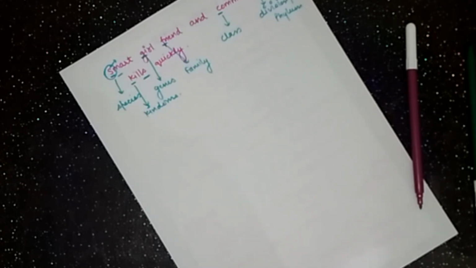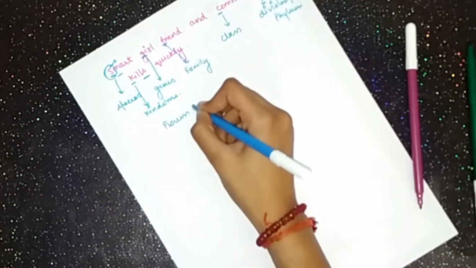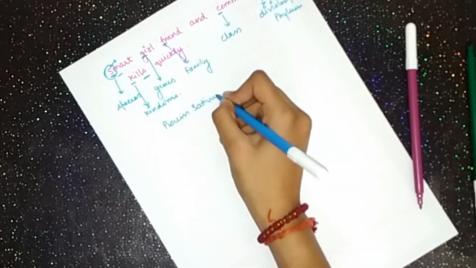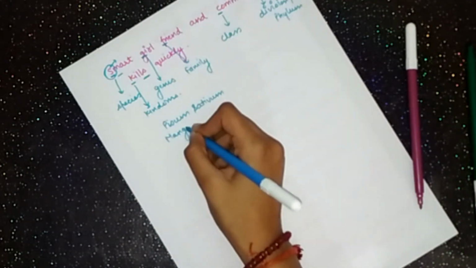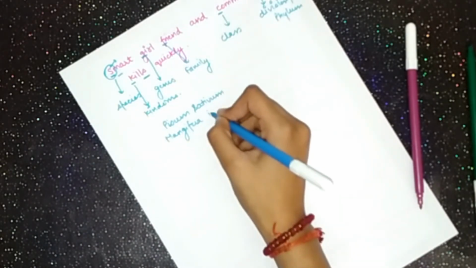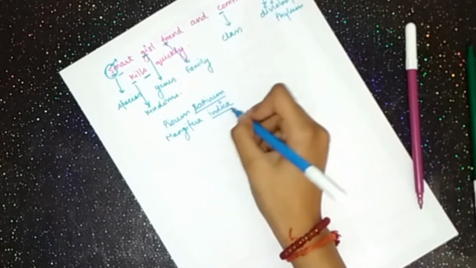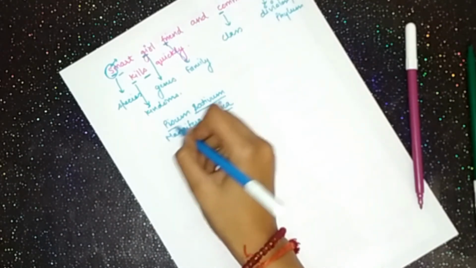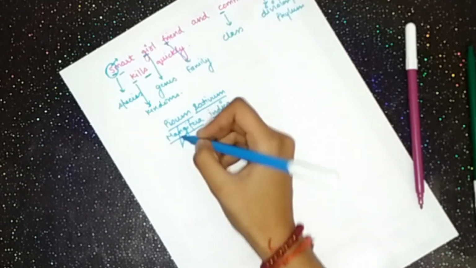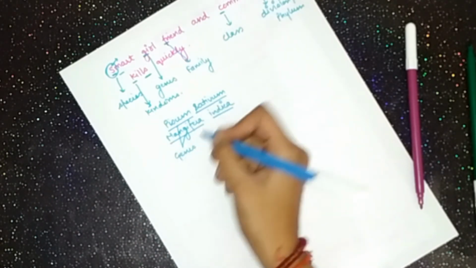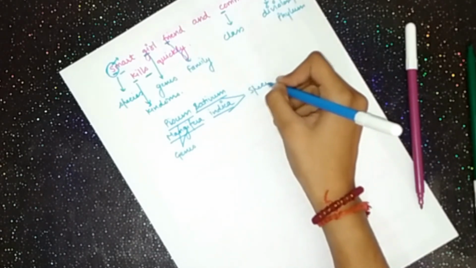Some examples: Pisum sativum, Mangifera indica. Here Pisum and Mangifera denote the genus, and sativum and indica tell about the species.